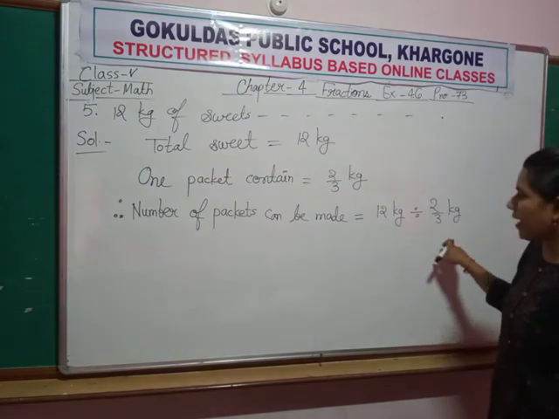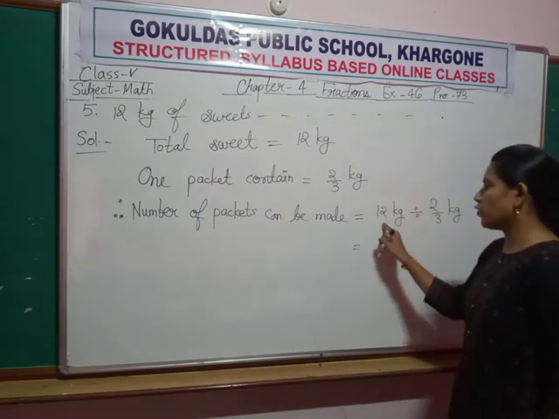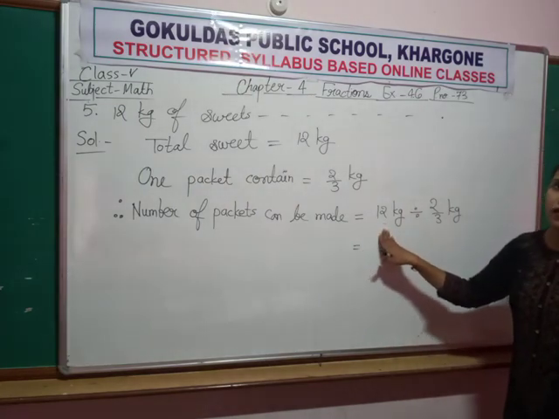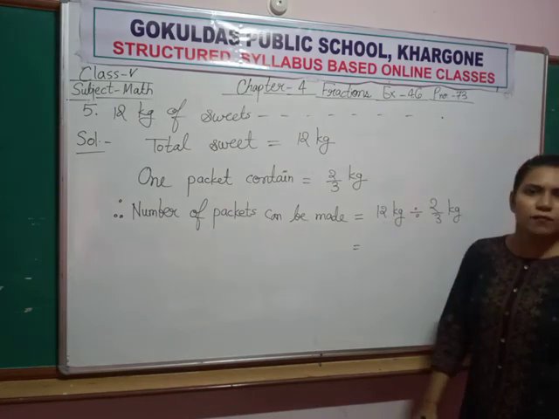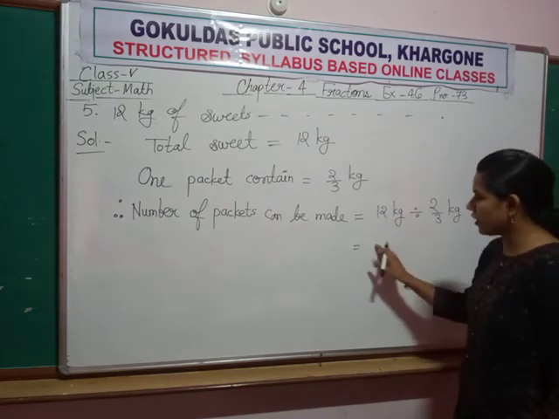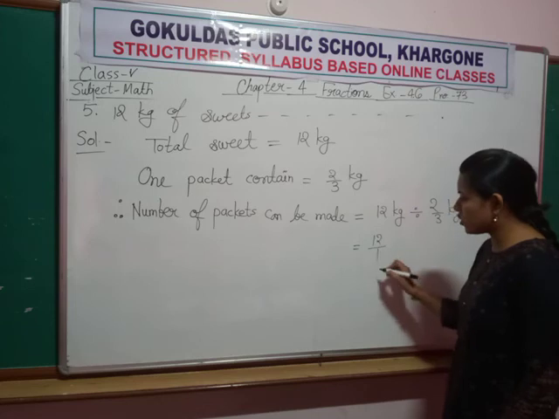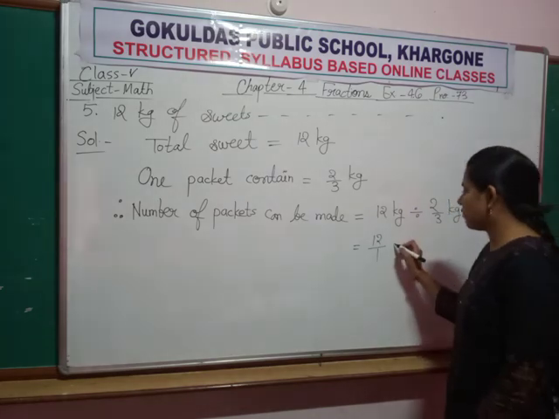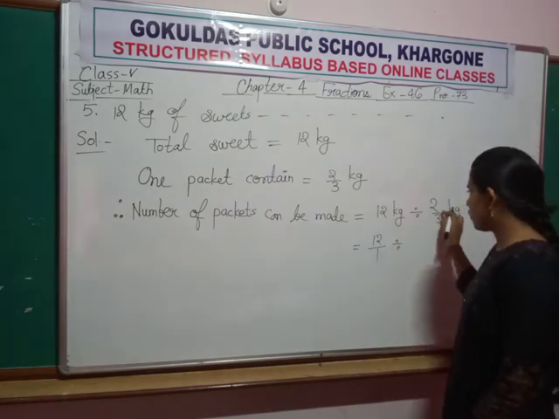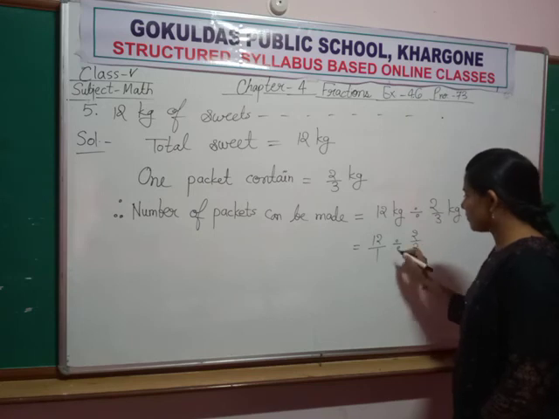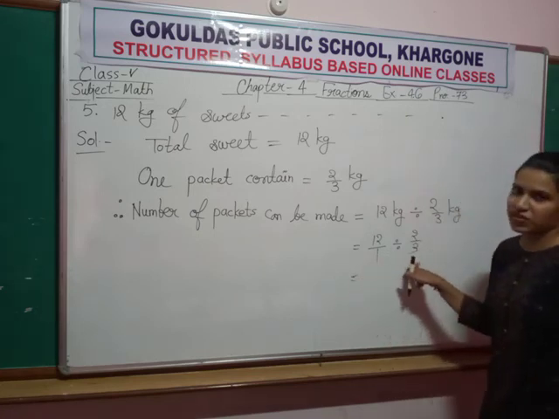Now 12 is a whole number, so first of all we write it in fractional form as 12/1, divided by 2/3. Now both the numbers are fractional.